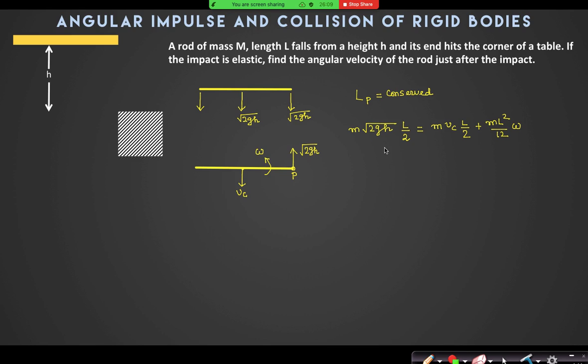Say velocity of point P with respect to center of mass is L by 2 omega. Good. So from the constraint equation, I can write that with respect to center of mass, velocity of point P is root 2gh plus Vc.